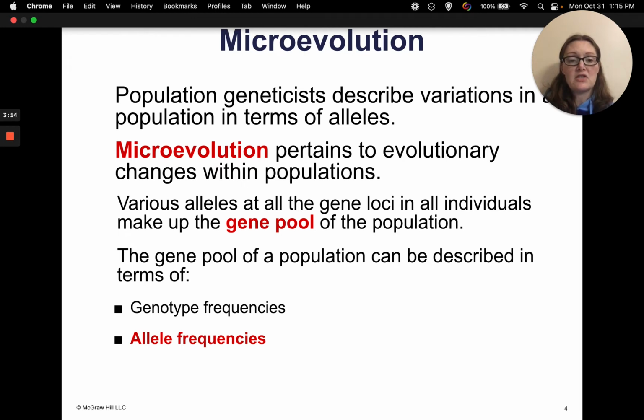Variation in alleles at the gene loci. Remember, a locus is a location, and all individuals make up the gene pool of that population. A gene pool of a population can be described in terms of the frequency, how often we see an allele come up. Allele frequency is just how often we see a certain trait appear.